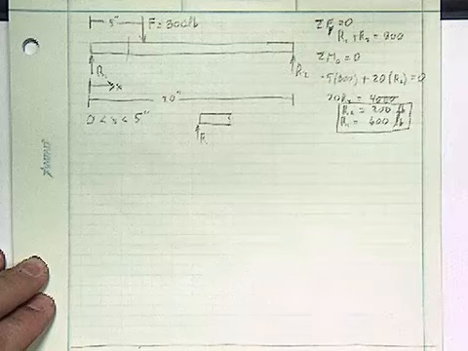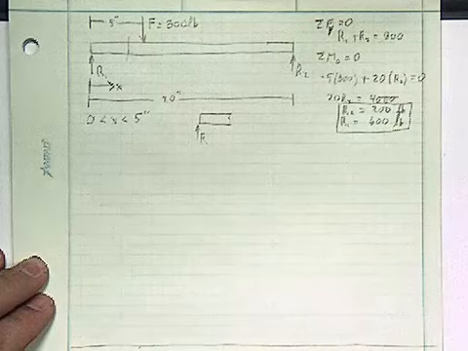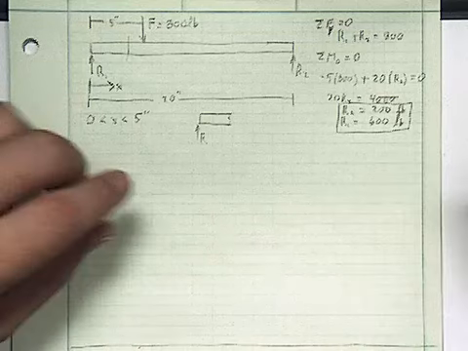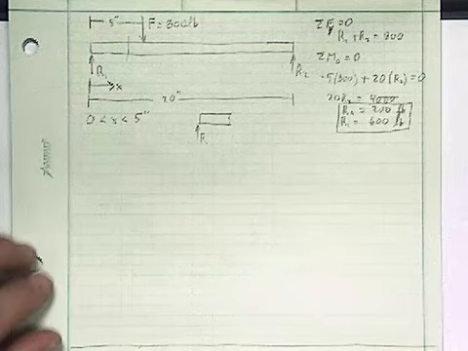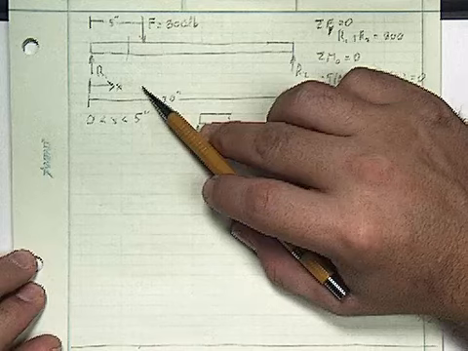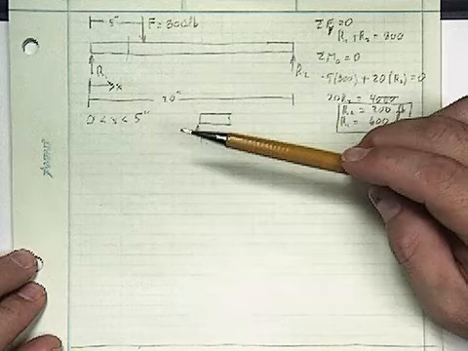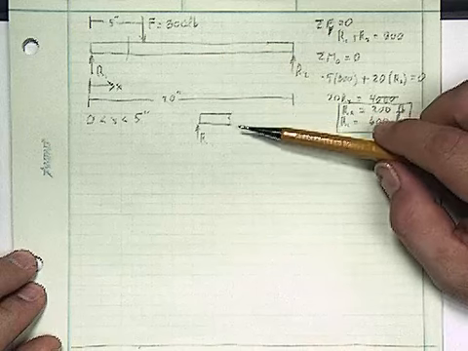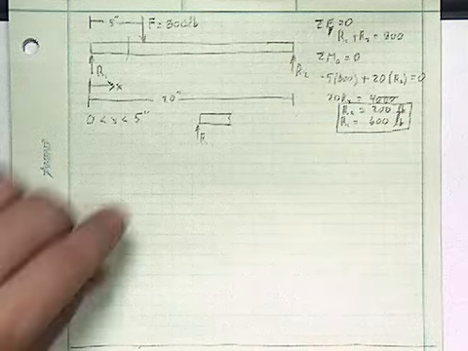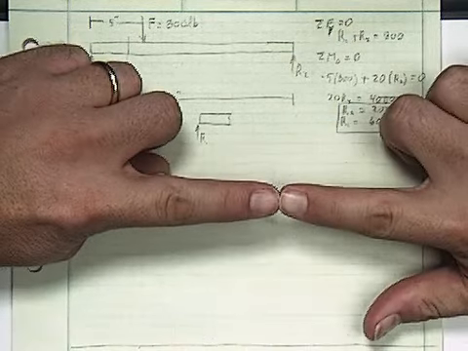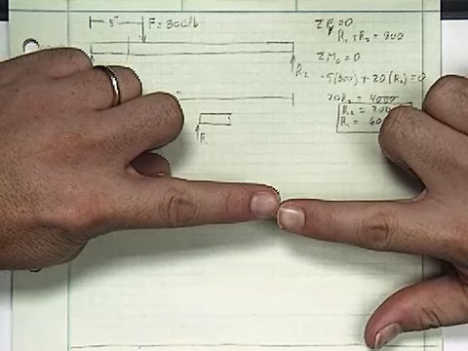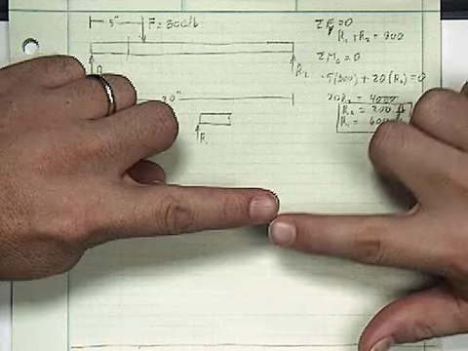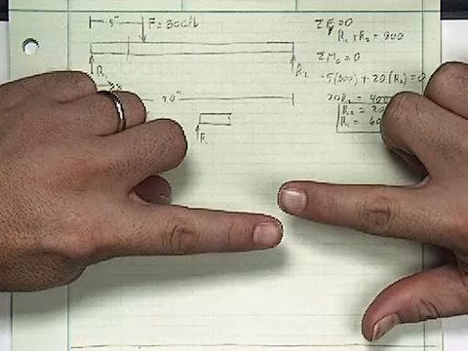Okay, so let's talk a little bit about the convention of internal stresses. What's happening here is the force F is trying to shear the beam in half. And there's got to be something going on inside the beam that resists that shearing. The way that we consider positive, if the left half is trying to raise above the right half, then we're going to consider that to be positive shear, and the other way is considered negative shear.